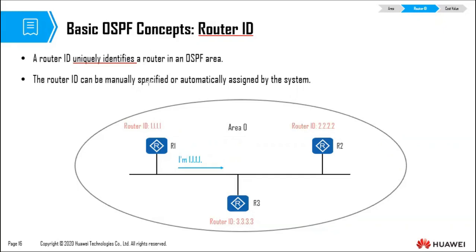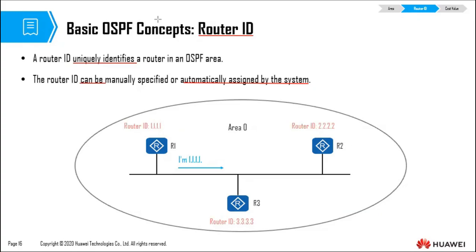Now, the router ID can be, please note, can be manually specified or automatically assigned by the system. So every router, please understand, every router in an OSPF area must have a unique router ID.